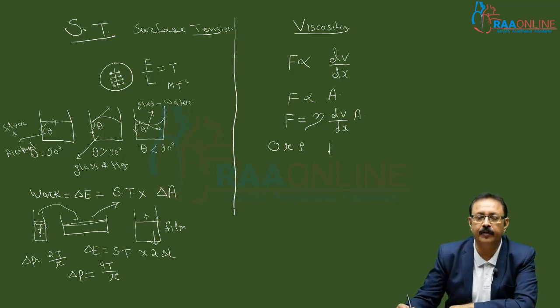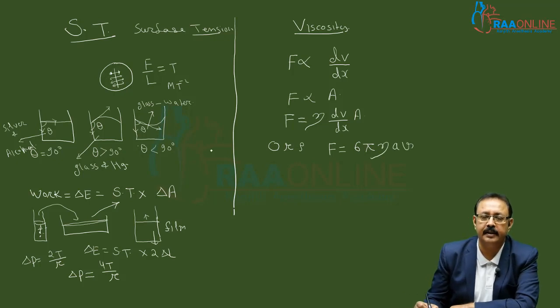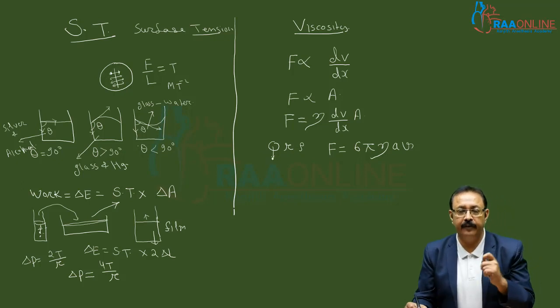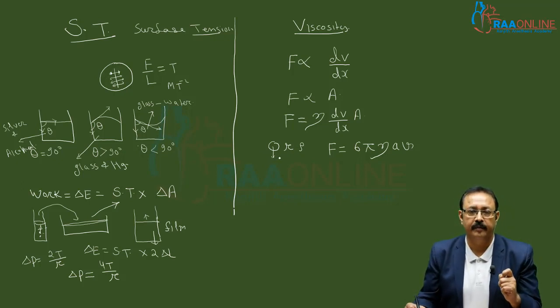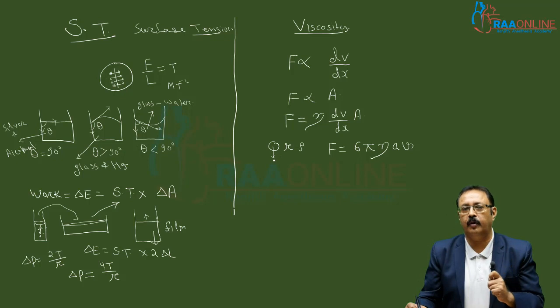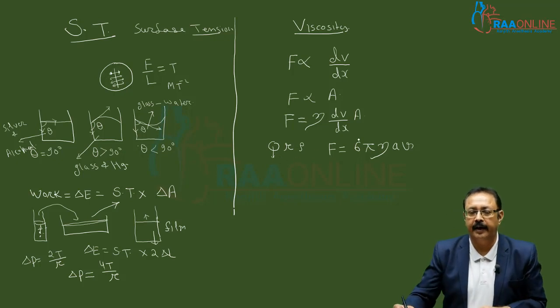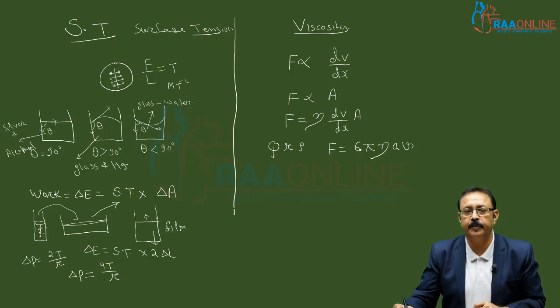That force you can calculate by Stokes' law, and it is 6 pi eta a v. It means if you drop a metallic ball of radius a in a liquid, the liquid will oppose the motion of the ball inside the liquid, and it will put a force which should be equal to 6 pi eta a v.